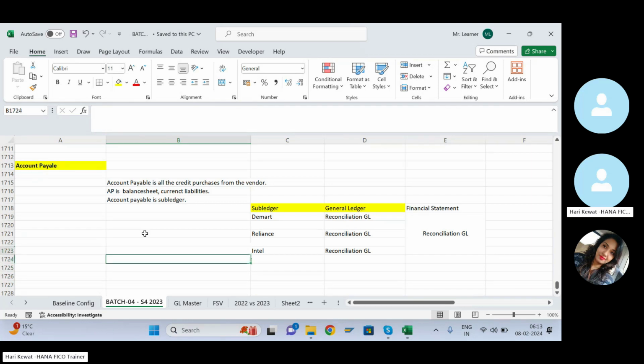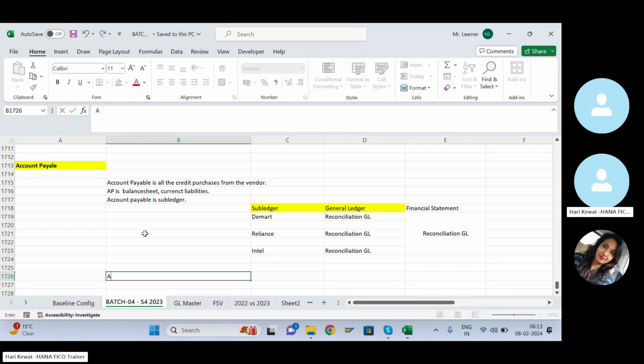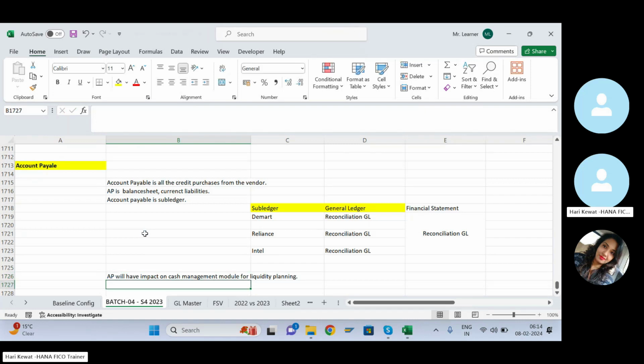You also need to know that account payable will have an impact on the cash management module for liquidity planning. As you know, if you purchase anything on credit basis, it means you are also committing to make the payment in the future.